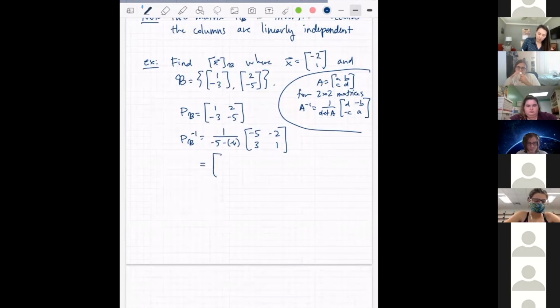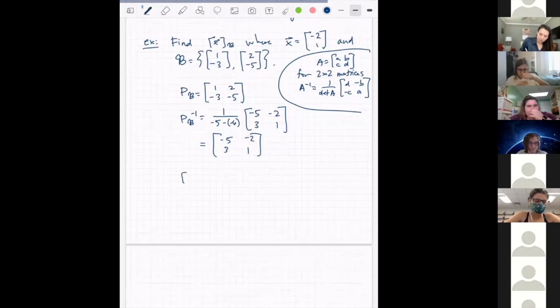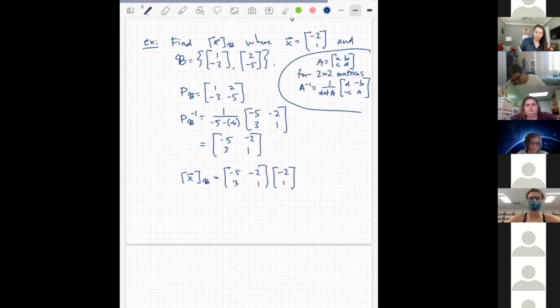Okay, so yeah, this determinant is just 1. So our inverse is -5, 3, -2, 1, like this. And to get our coordinate vector, we just multiply by this on the left, right? So that part's important. So we take this times our vector x, which was -2, 1. And we get -10 minus 2 and -6 plus 1.